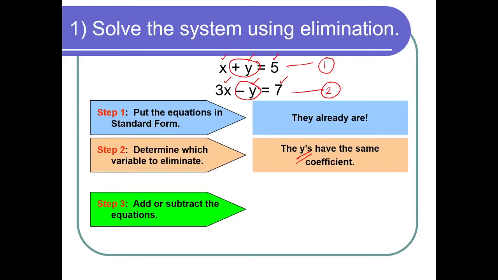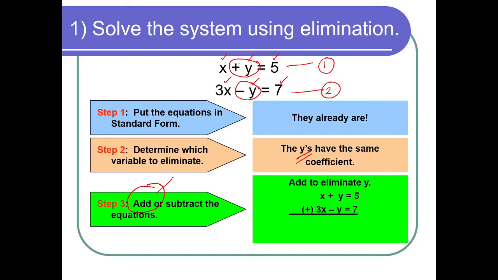This time, we will be adding the two equations. Take note. Our goal was to find a positive and a negative with the same coefficient as well. And we will be adding the two. So, adding the two, how much do you get now? y will be eliminated. And what is x plus 3x?